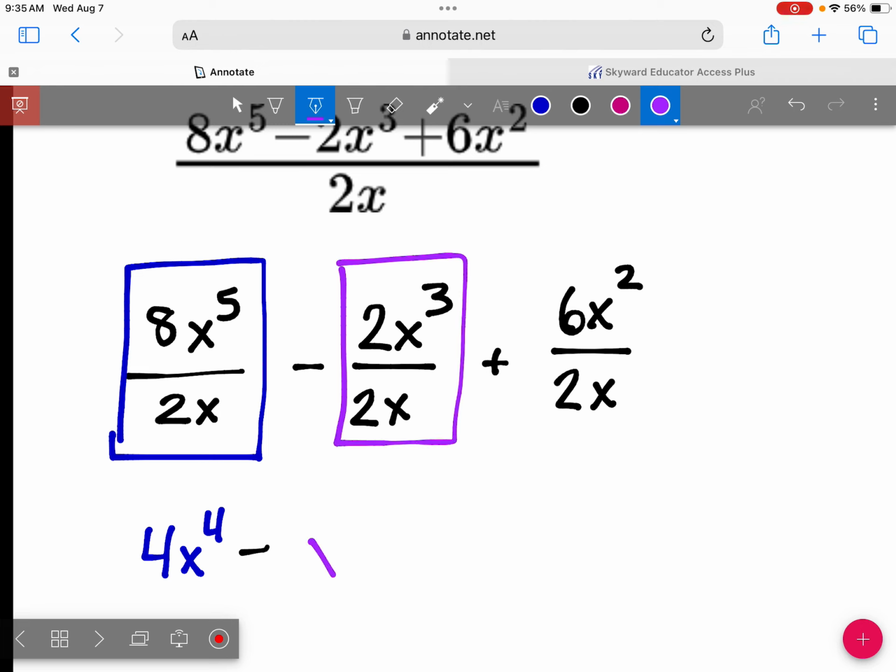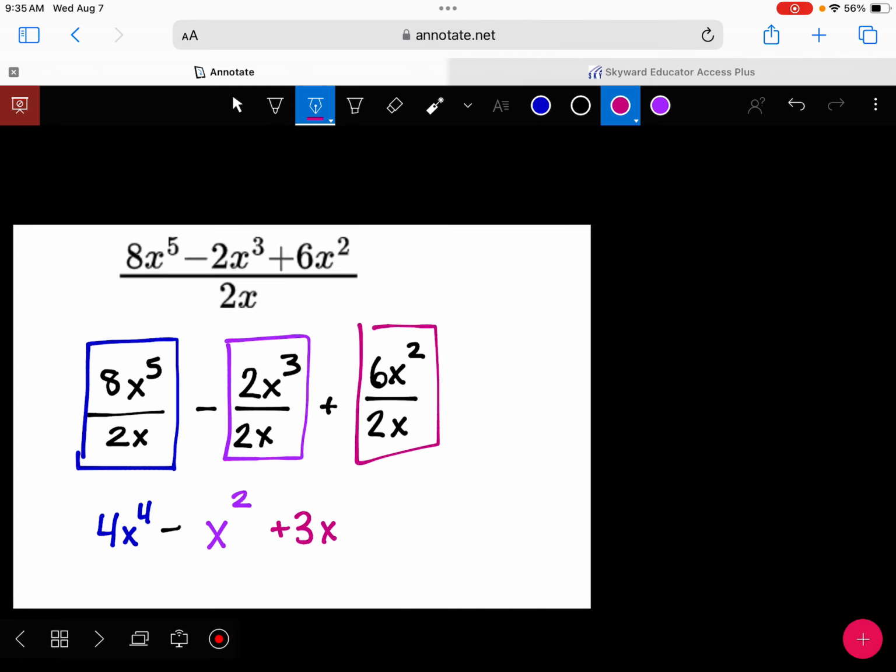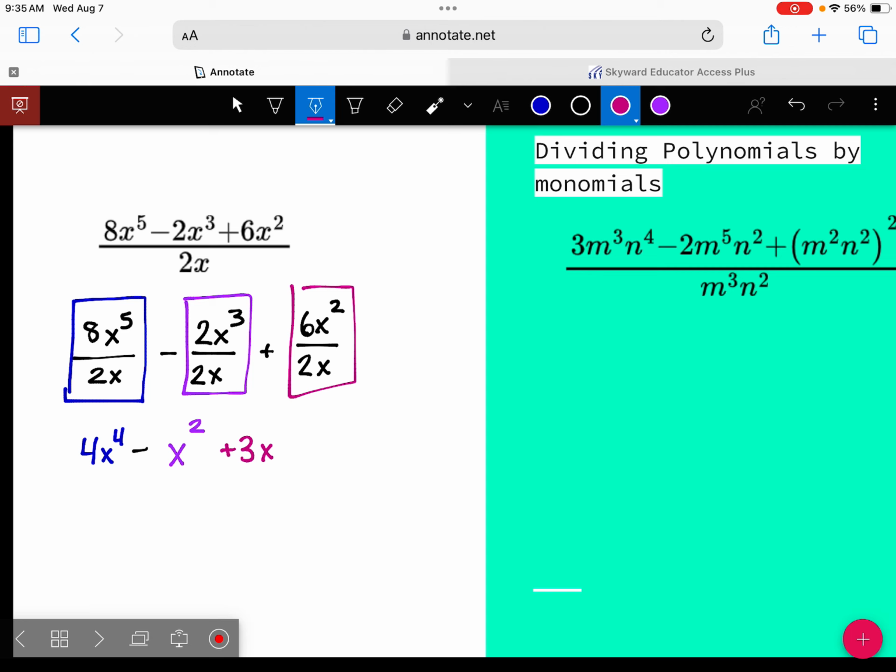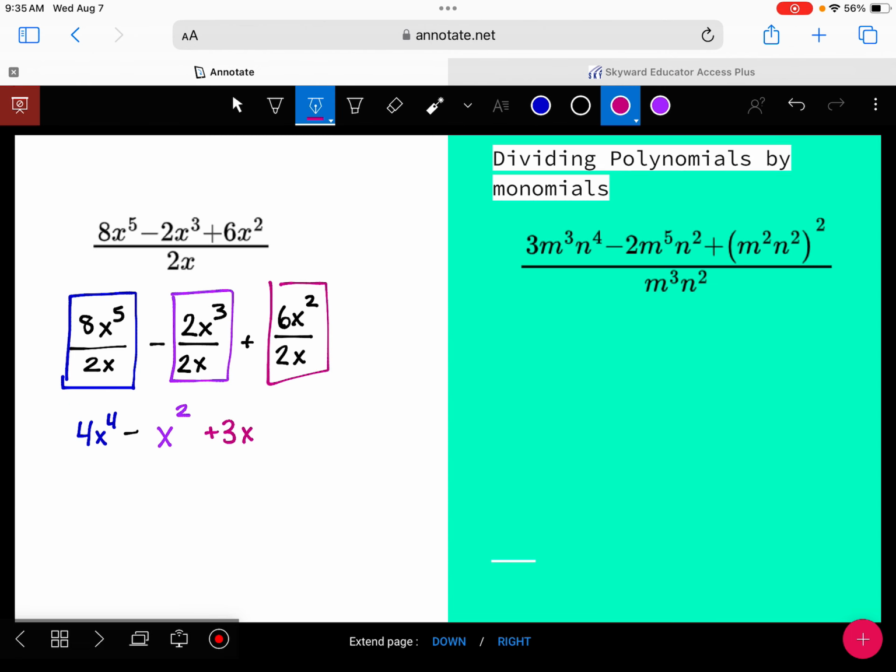Just x squared. And how about this piece? 3x. Ta-da! Okay? Not too bad. Break them apart. Simplify each fraction.